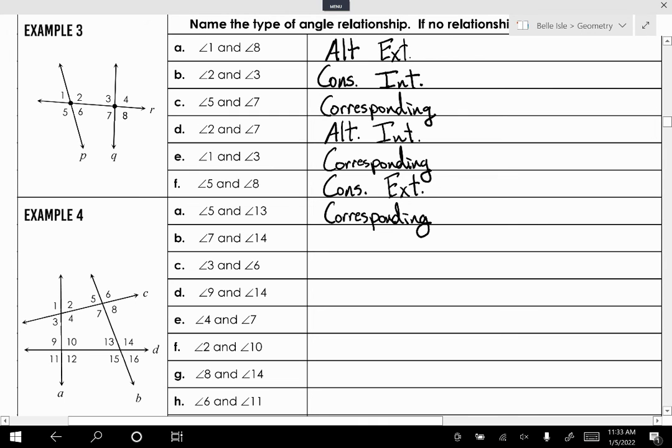Like pipe cleaner? Can there be more than one transversal that you use? For this one, 6 and 11, could I use both of the 2 lines to try and figure out what that one is?